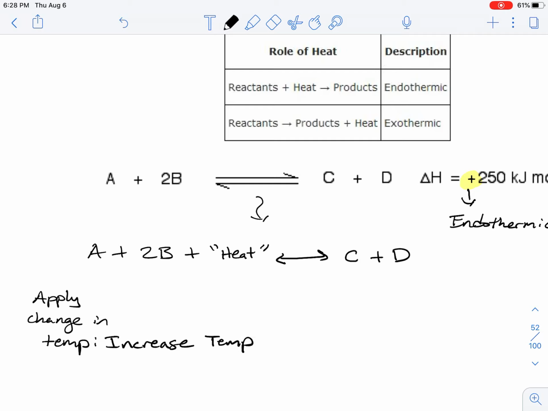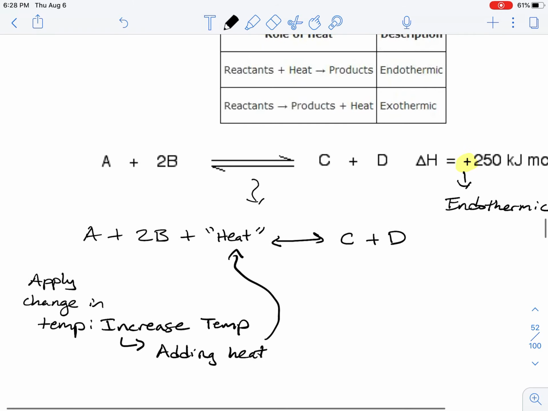When you increase the temperature, that means you're adding heat to the system, so you're increasing the concentration of heat.